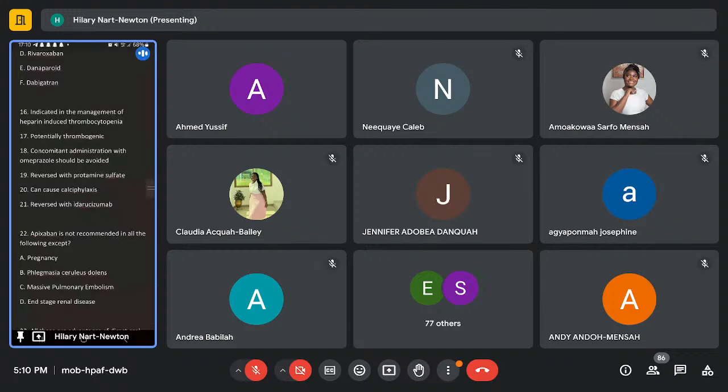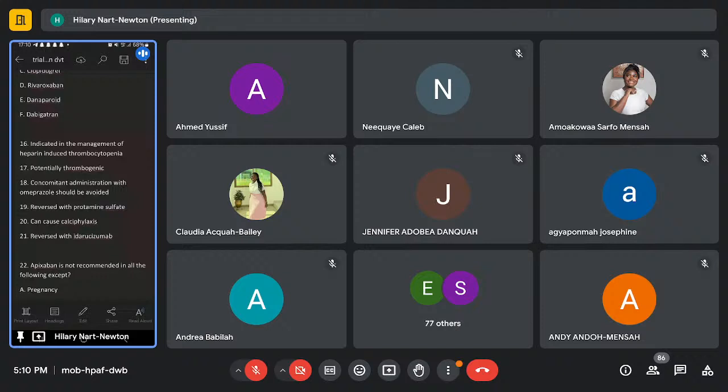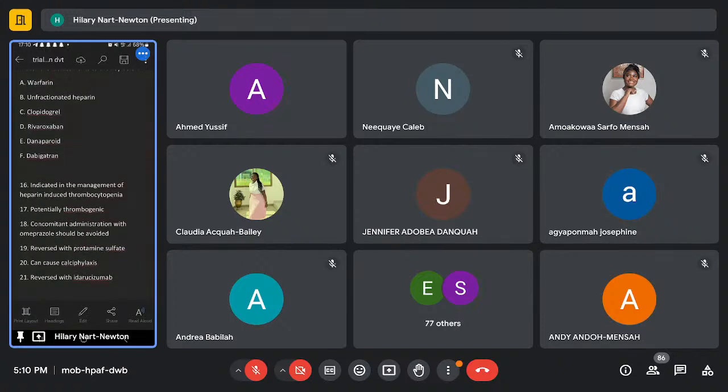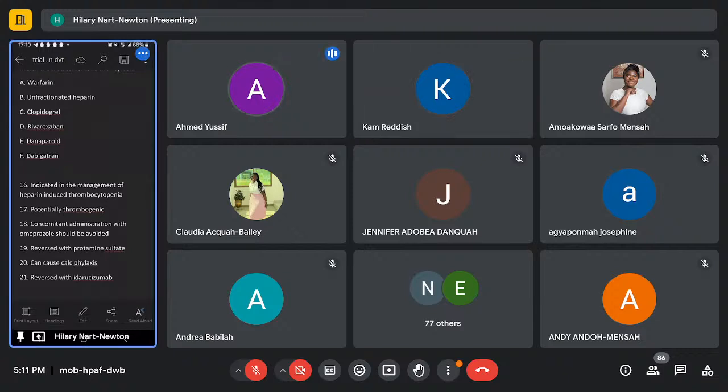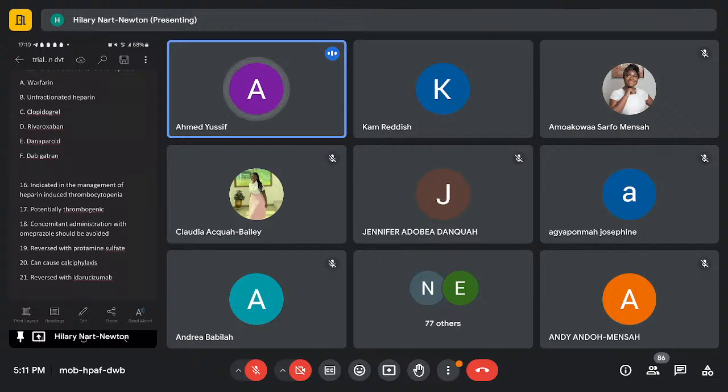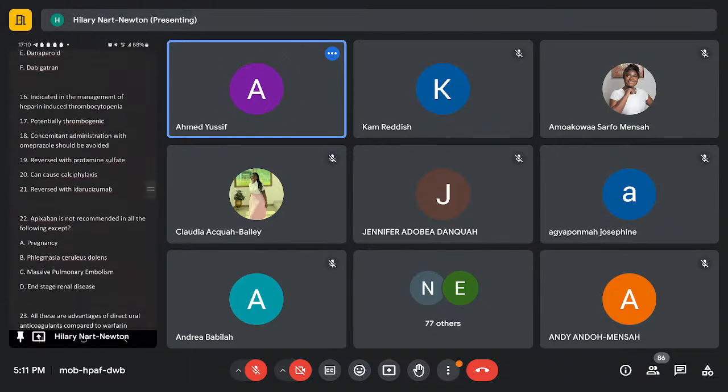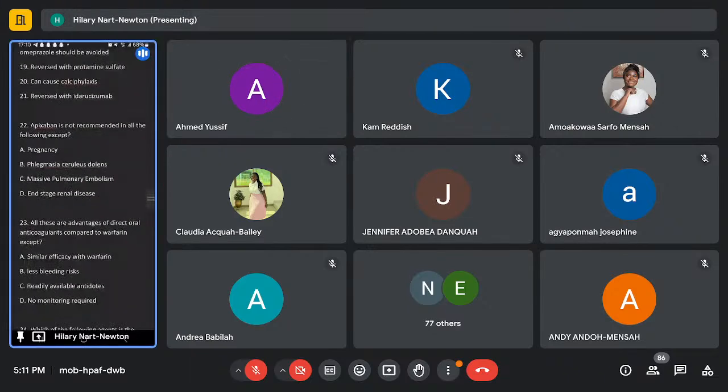21. Reversed with idarucizumab. Yeah, so that's true. 22.